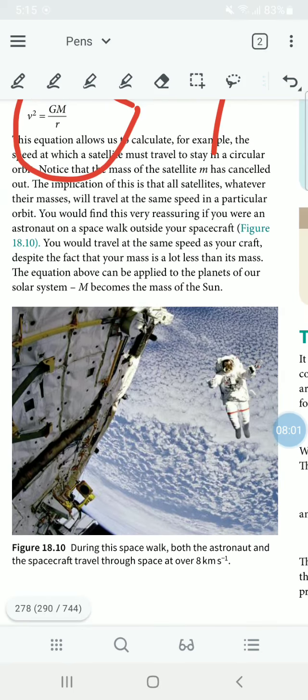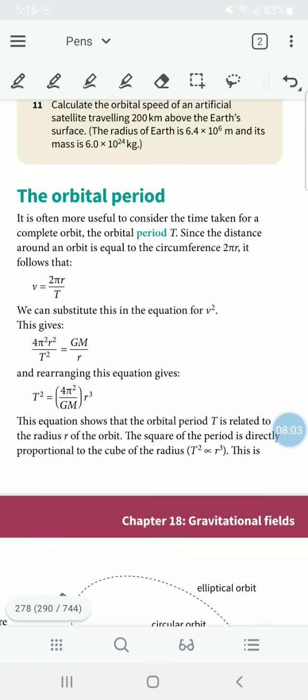Please write down a note. Orbital period. The time taken for a complete orbit is known as orbital period, within brackets capital T, and it can be obtained as follows. Leave a line and write circumference of one orbit equals 2 pi r.